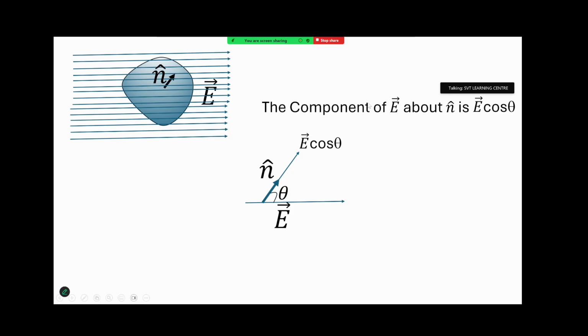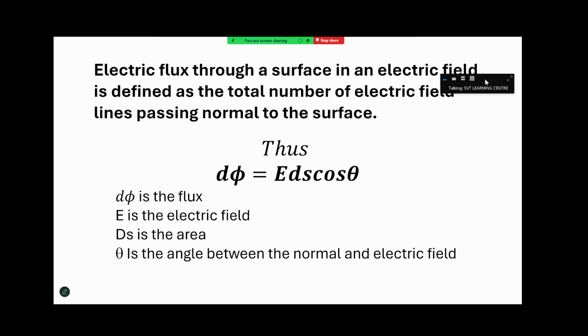Now, if you take the component of E along the normal N, then you will get E cos theta. Going further, we define electrical flux through a surface in an electrical field as the total number of electrical field lines passing normal, meaning perpendicular, to the surface.